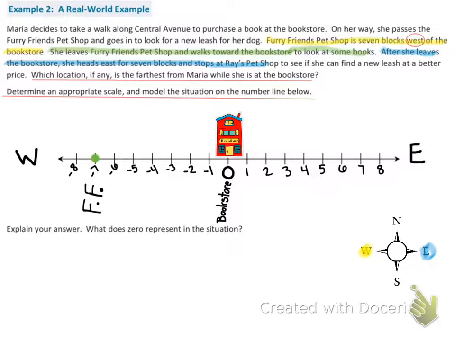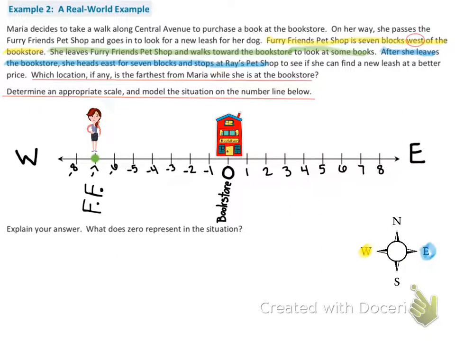Okay, so let's see what we have. Maria is walking along Central Avenue to purchase a book at the bookstore. So she's not at the bookstore yet. On her way, she passes Furry Friend's pet shop. So here she is at Furry Friend's pet shop, and she goes to look for a leash for her dog.